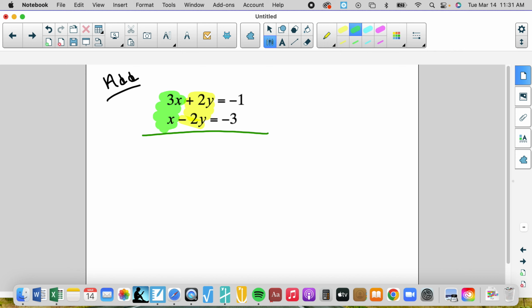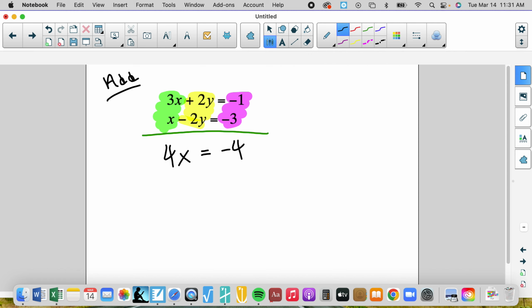So 3x and x makes 4x. Positive 2y and negative 2y cancel. And then adding the constants, -1 and -3, gives you -4.